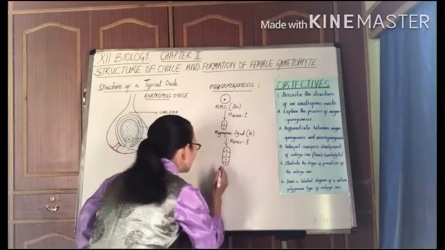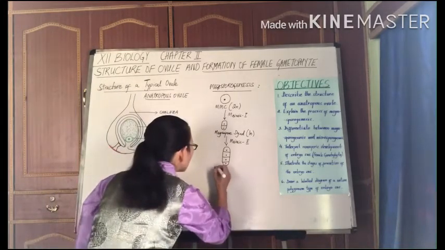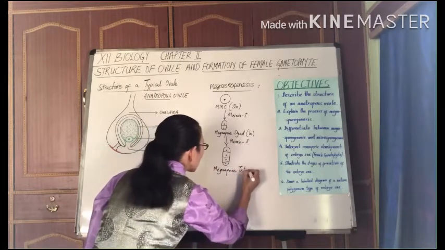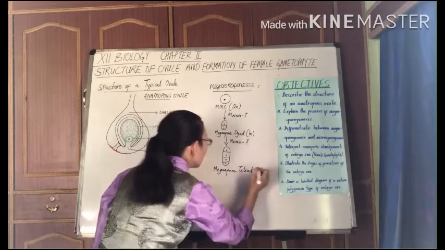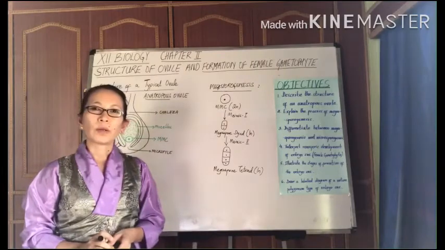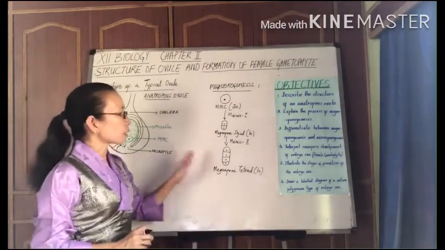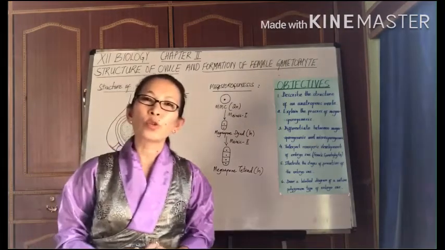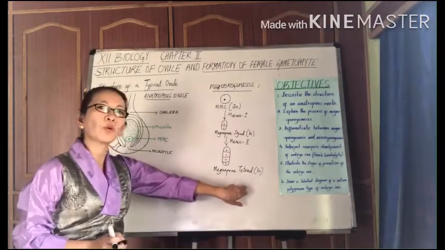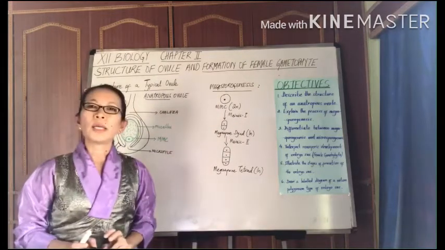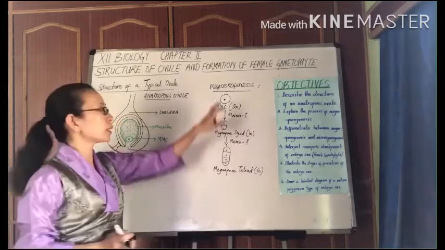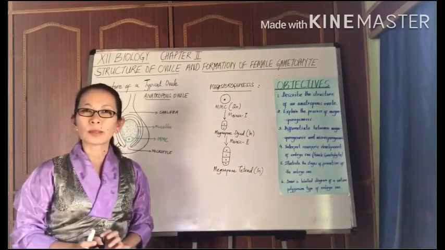So it forms a linear cluster of cells called the megaspore tetrad. And all of the four daughter cells here are haploid cells, alright? So such is the process through which the formation of megaspore takes place: haploid megaspores formed through meiosis from a diploid megaspore mother cell. And this process is megasporogenesis.